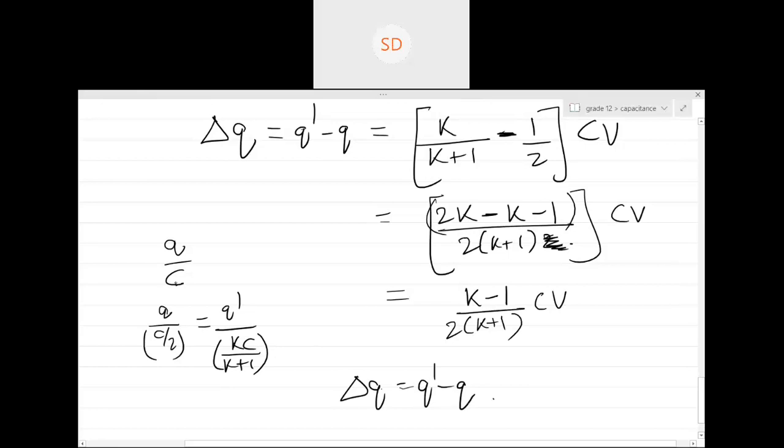That is what has been asked in the question. They didn't ask what the final charge is; they asked what is the additional charge coming out of that. So that's the answer to your question. Is this clear, guys?